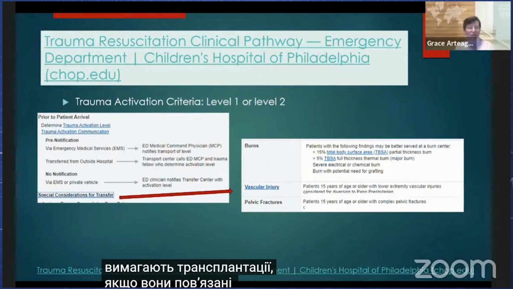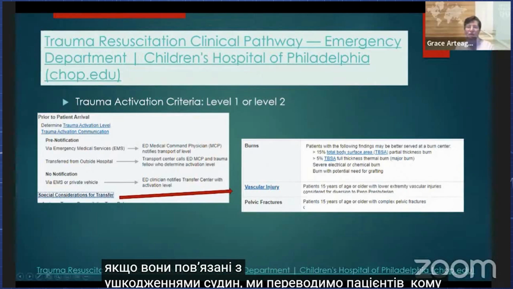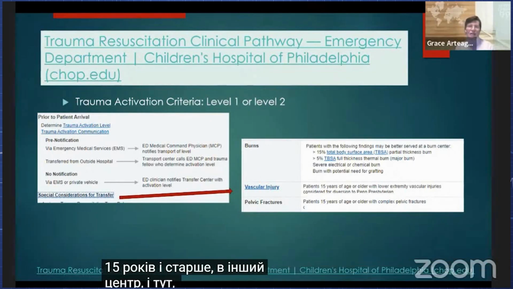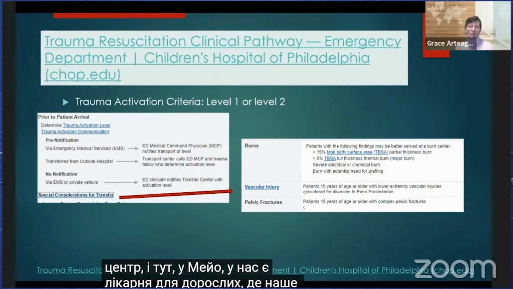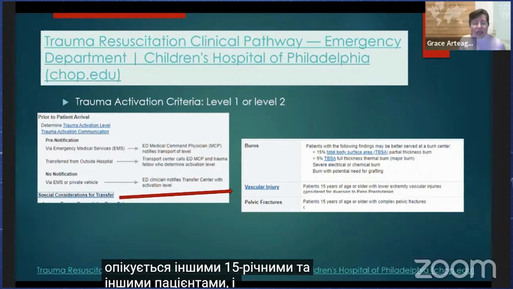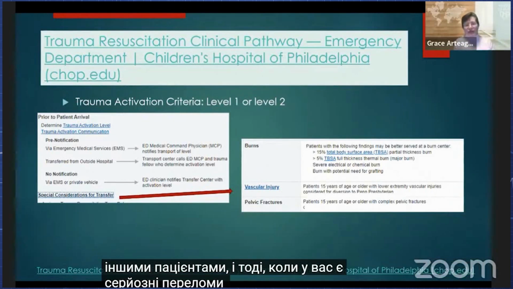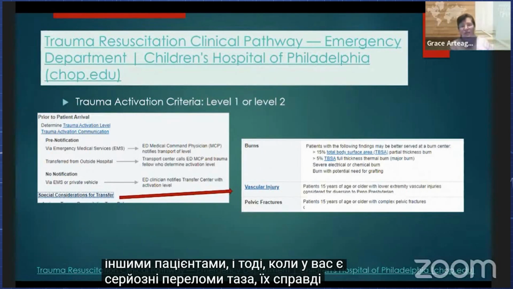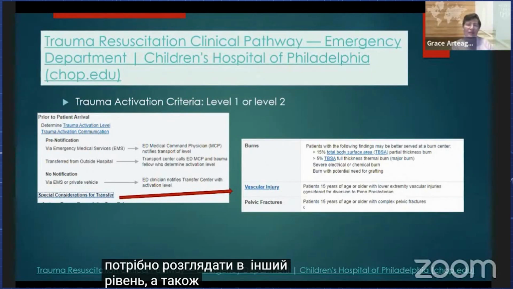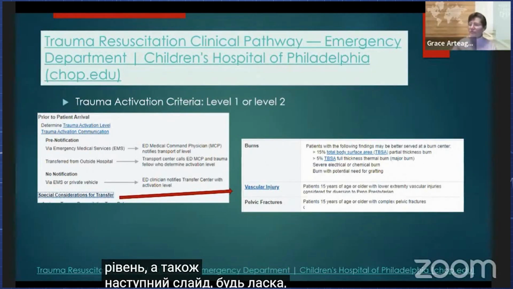When they're associated with vascular injuries, we transfer patients who are 15 years of age and older to another center. Here at Mayo, we have the adult hospital, whose trauma unit takes care of all our 15-year-olds and older patients. And severe pelvic fractures also need to be addressed at a different level. Next slide, please.